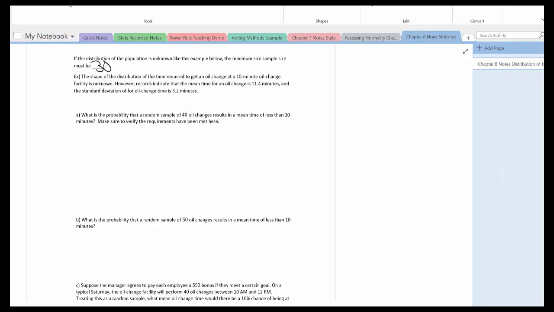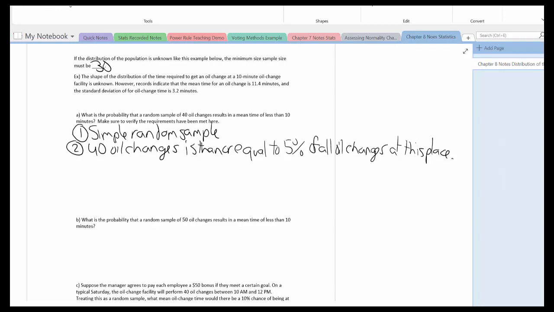Okay, so I'm going to write out the first 2 requirements now. Number 1, it's a simple random sample. Number 2, 40 oil changes is less than or equal to 5% of all the oil changes at this place. Now, nowhere does it say it's normally distributed, but take a look at what I care about here. We're talking about 40 oil changes.